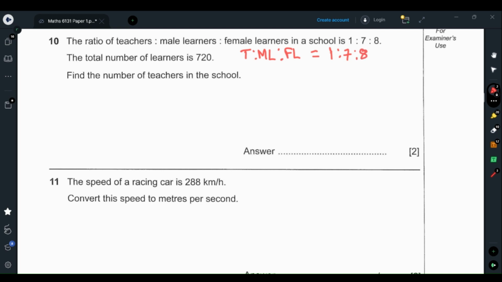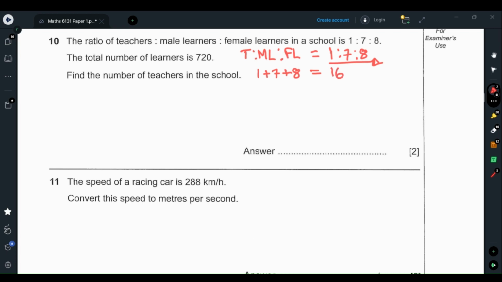It seems this school is well populated by female learners. That's interesting. All right. So the total of the ratios, we would say 1 plus 7 plus 8. That will give us 7 plus 8 plus 1, 8 plus 8 gives us 16.